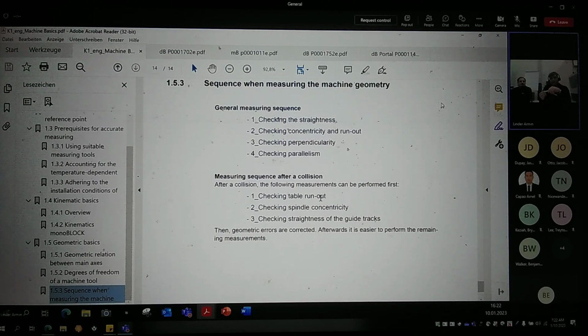For example, you measured 500 millimeters, the first 400 millimeters were in tolerance, and in the last 100 millimeters you go out of tolerance. That is a sign that something is wrong with the rail guides.